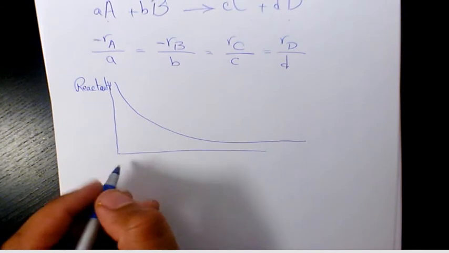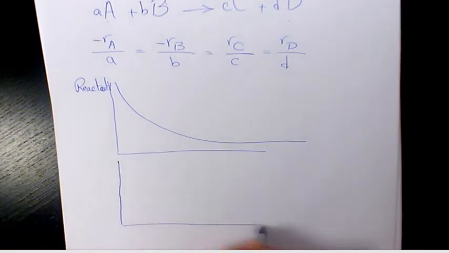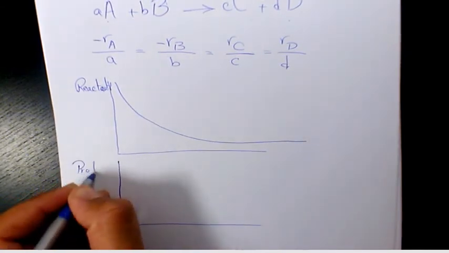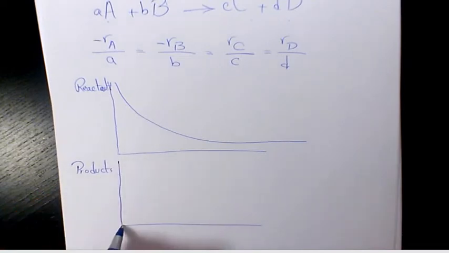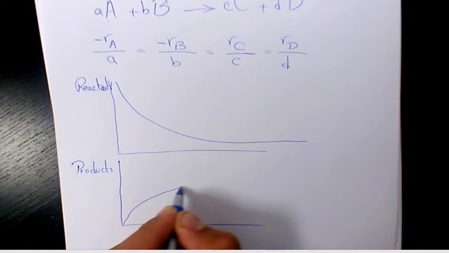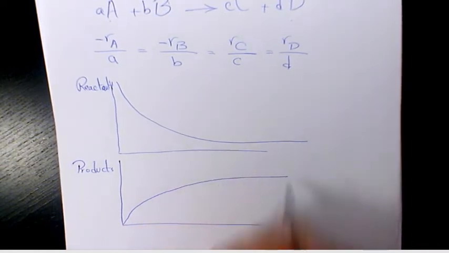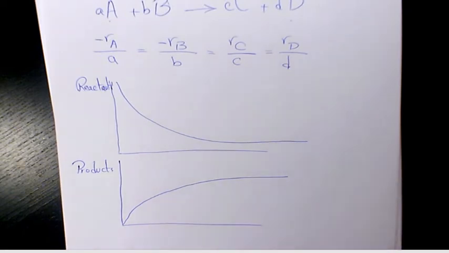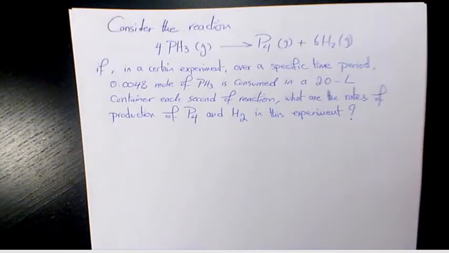On the other hand, for products, initially, most of the time in these reactions, we have 0 of our products, and over time it increases until all reactants are used up or we reach an equilibrium. So that's how the reaction rates of reactants and products change over time. Okay, let's see some examples now.